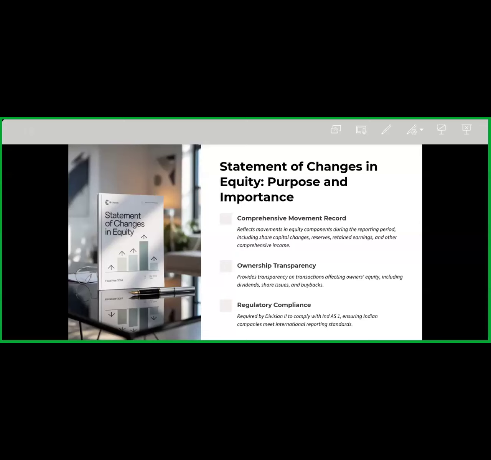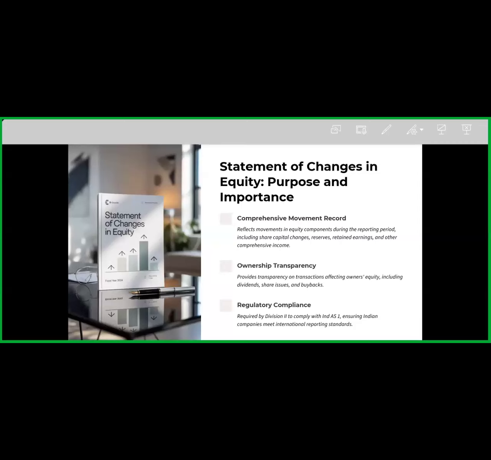The individual having near about 51% or more than 51% of the shares in the organization is the major owner, and he has influence on the different decisions of the company. So the statement of changes in equity tells us who is the major owner, or if a transfer of ownership is going on, who will be the next one.